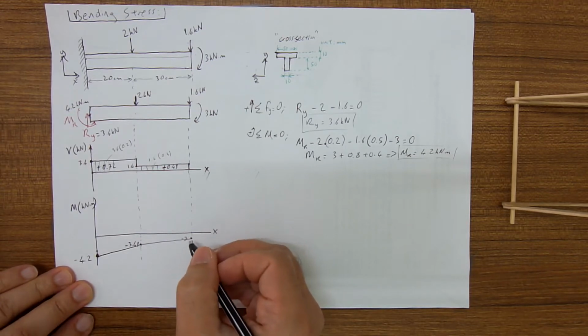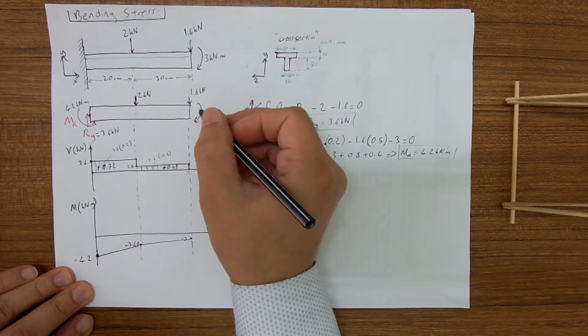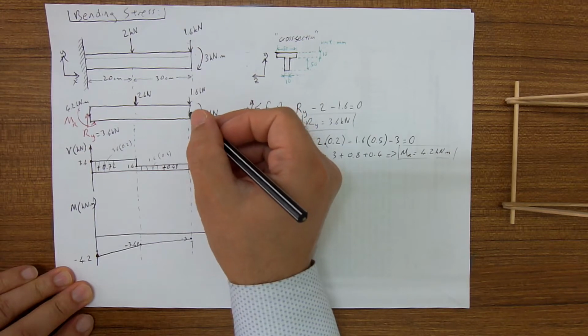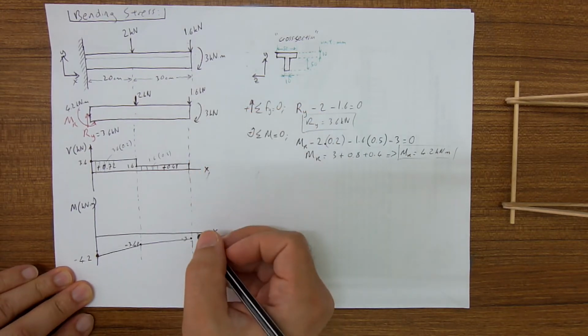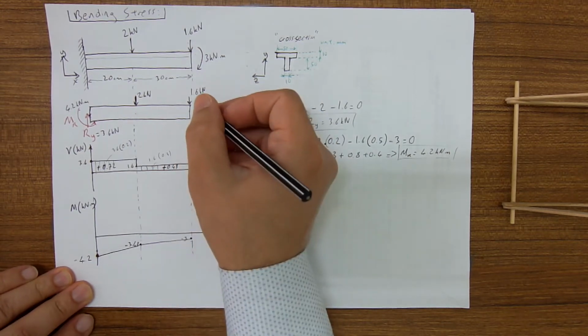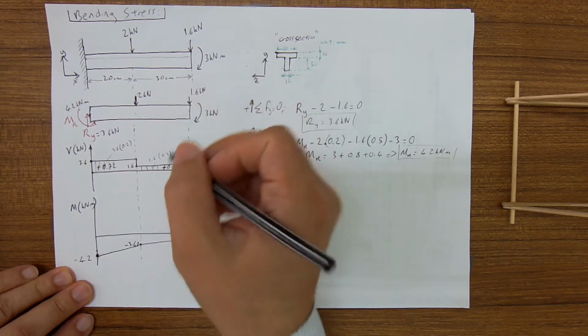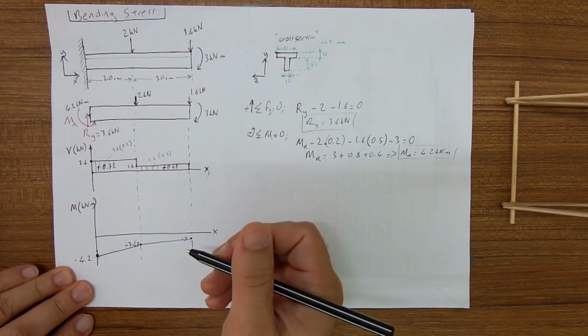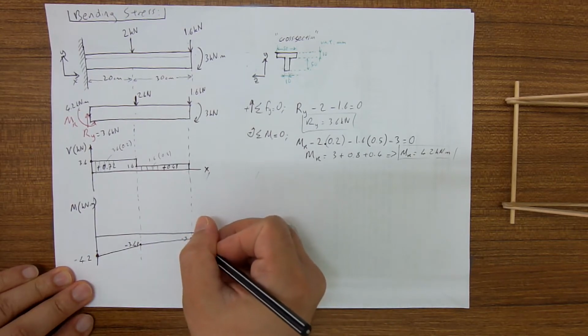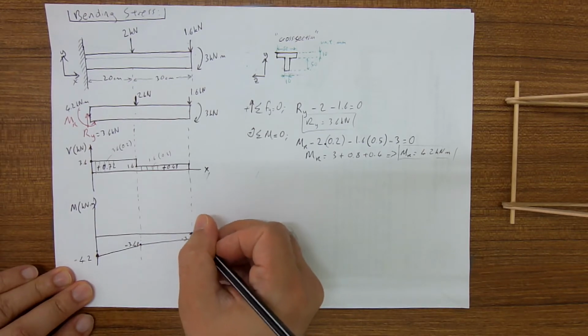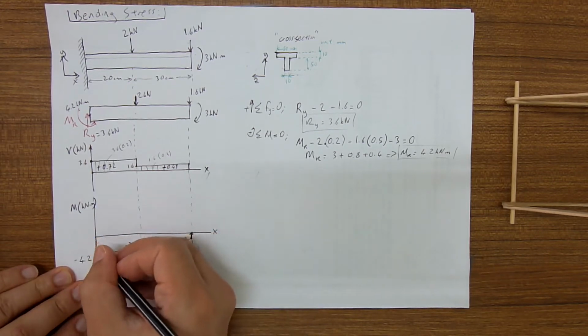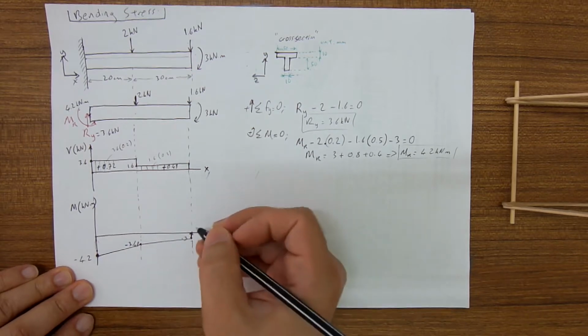And then I see there is an external moment at the tip of the beam. When we look from outside, it is in the negative direction, but it is causing a positive moment internally. Therefore, we go up by 3, and the diagram becomes a closed loop.